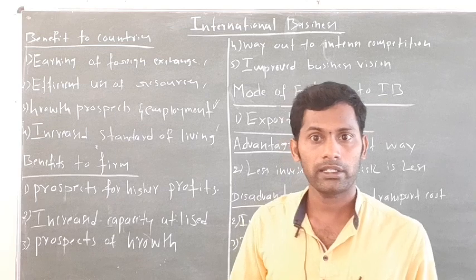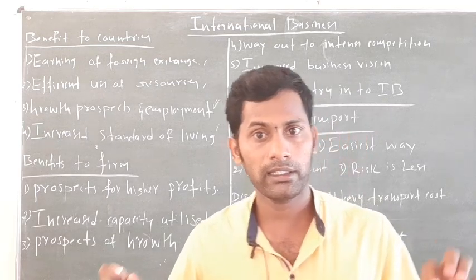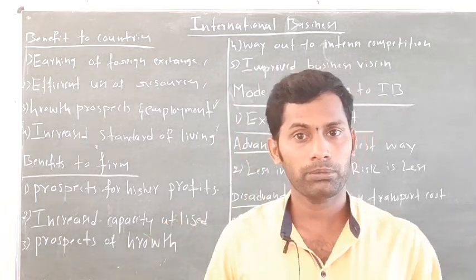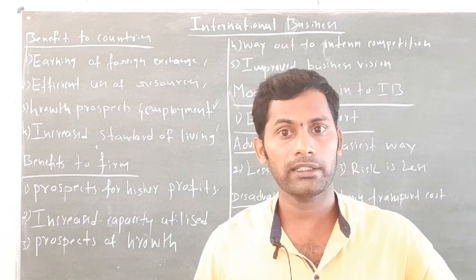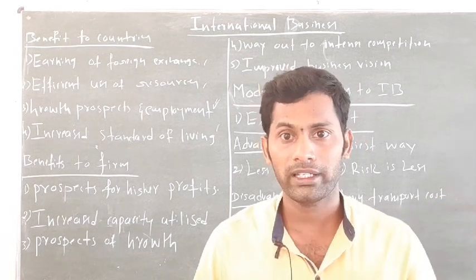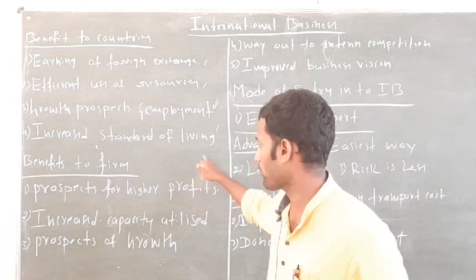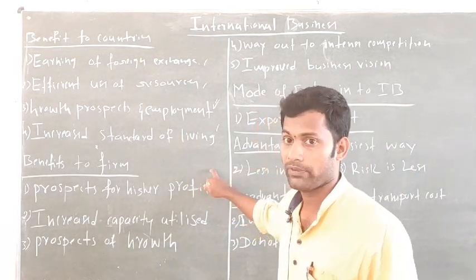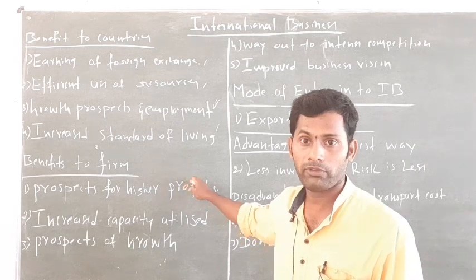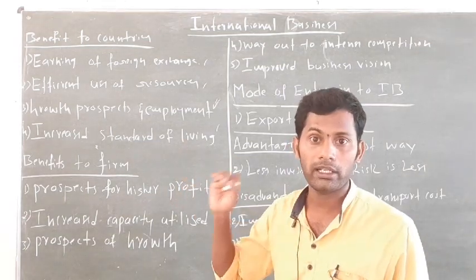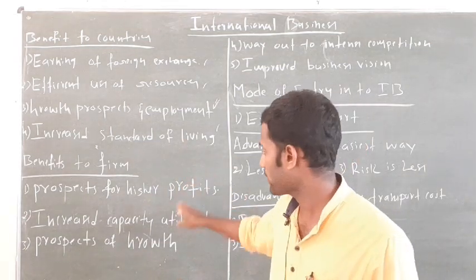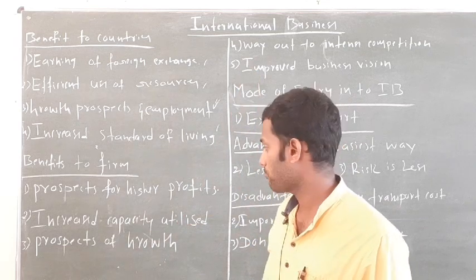Here he is selling at the cheaper rate, but he can sell at a higher rate and make a huge profit in international business. That is the first benefit to the firm, the prospect of higher profit. Just to earn higher profit, they can go for international business.